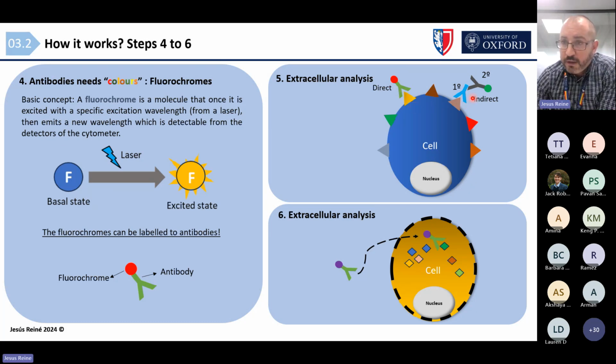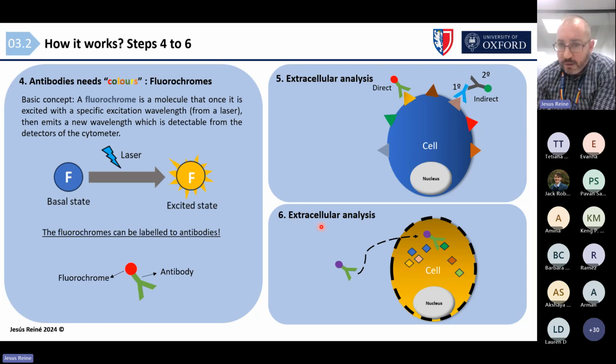In addition, we can use a different way, called the indirect way, where we use a primary antibody, which doesn't have any fluorochrome, but this primary antibody is bound by a secondary antibody which has a fluorochrome. Either way, direct or indirect, allows us to identify these antigens very easily when the cells are exposed to the laser.